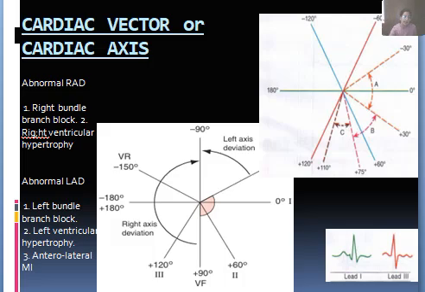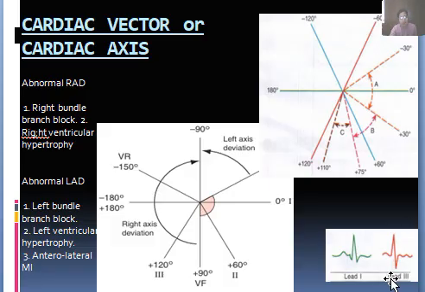So in this diagram, the average of QRS deflection, you can see any two leads. Suppose, for example, this is lead 1 QRS complex and this is lead 2 QRS complex. Please listen carefully, this is an important point.